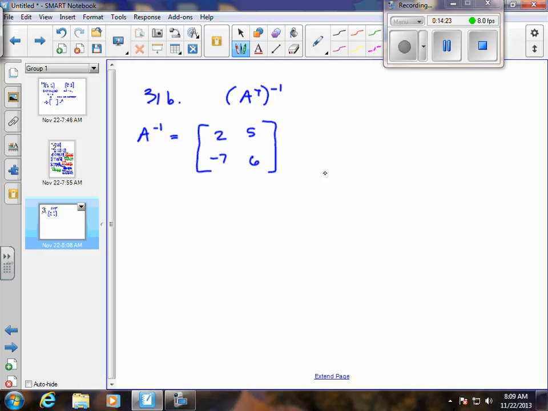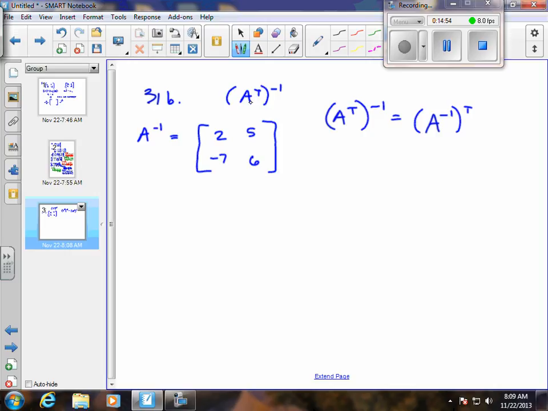Well, in the properties of inverses and transposes, which is in your book on page 78, but I also had it in the video, property number 4 says that A transpose inverse is the same as A inverse transpose.